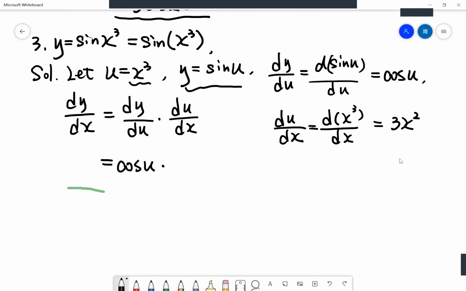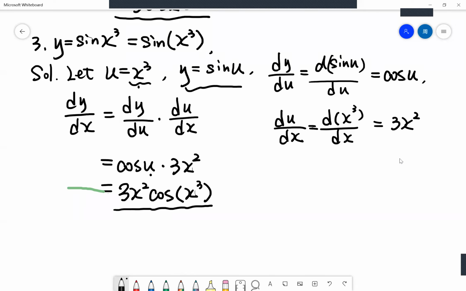So we multiply by 3x to the power 2. So the last step, we substitute u back. So that equals 3x squared times cosine of x to the power 3. So this is the final result for question number 3. Any questions? No, Laoshi.